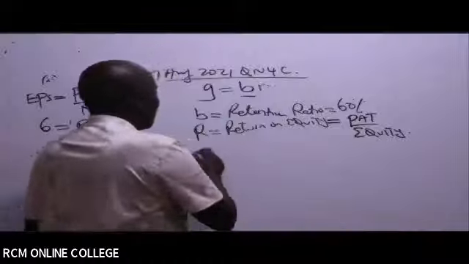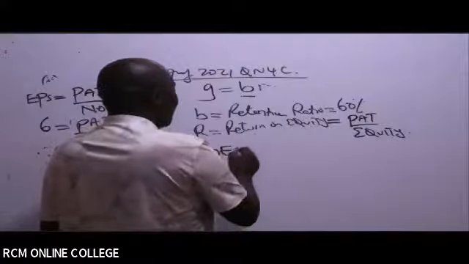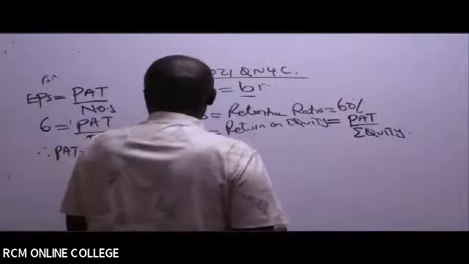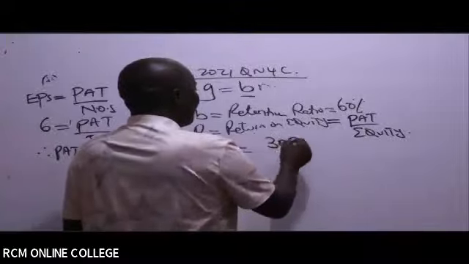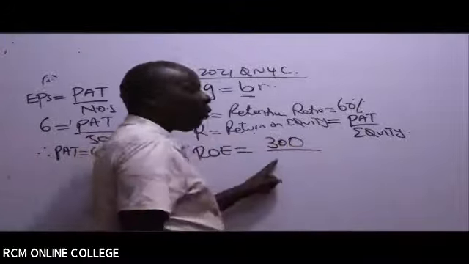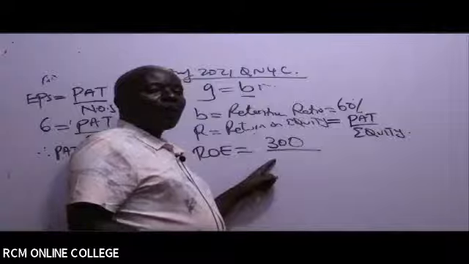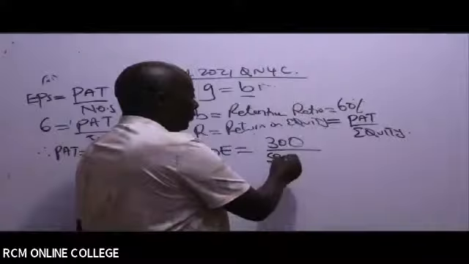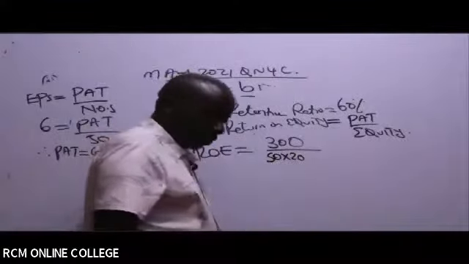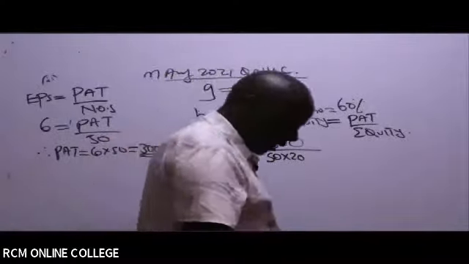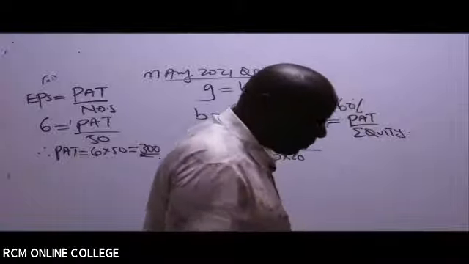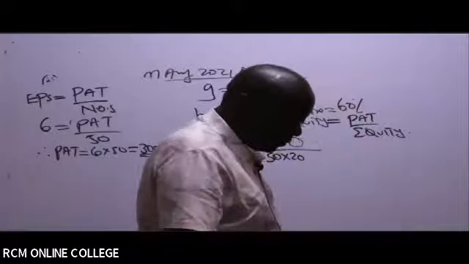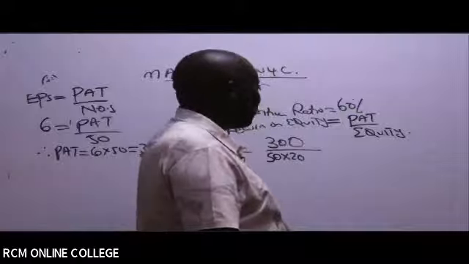So return on equity will be equal to the PAT that you have here, 300, over all of our equity share capital. Remember, number of shares are 50, and they have given me a par value of 20 each.